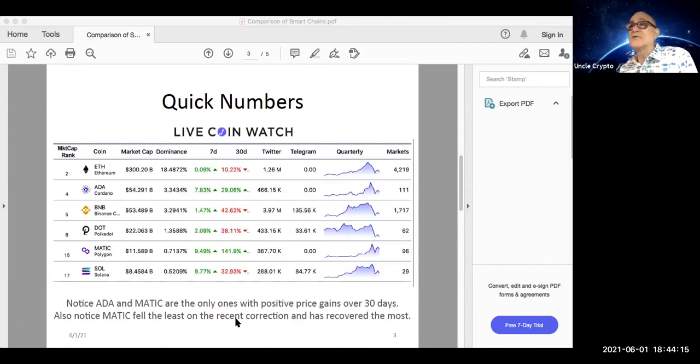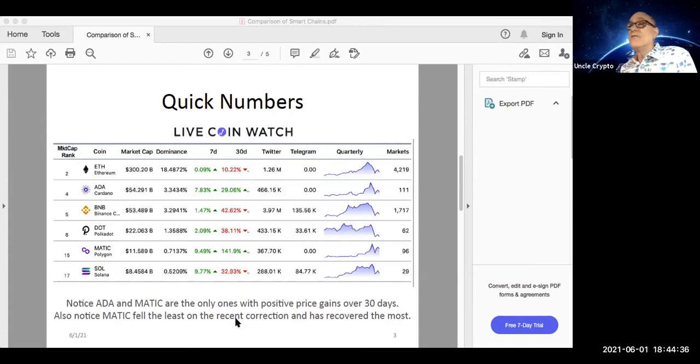Polkadot is 22 billion. It's only 1% of the cryptoverse. MATIC is a fairly new one, and it's 11 billion, and it's less than 1%. And Solana is kind of one most people haven't heard of. It's kind of new to the cryptoverse.